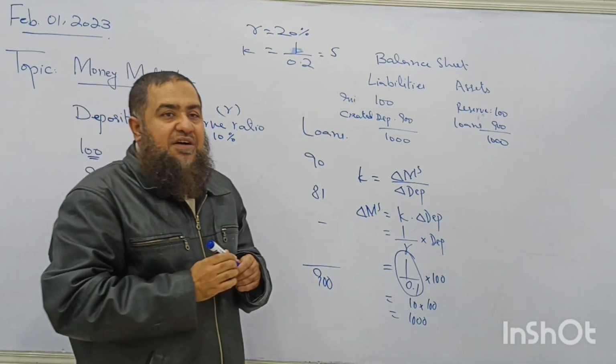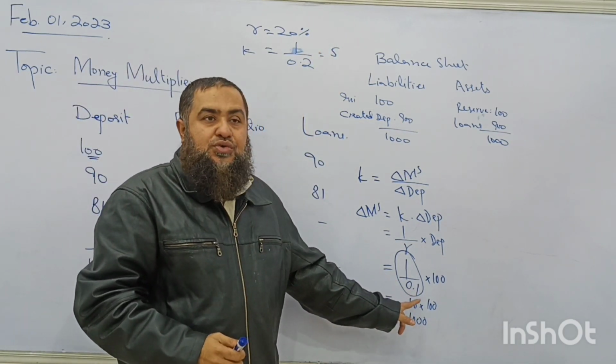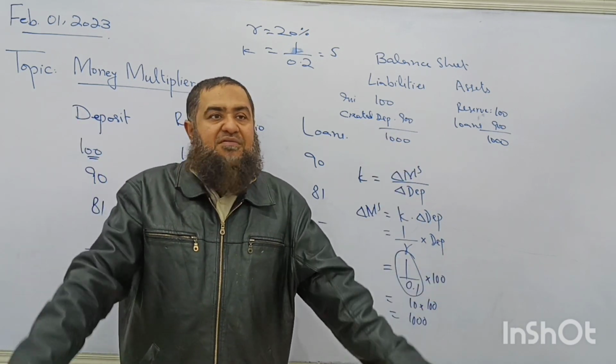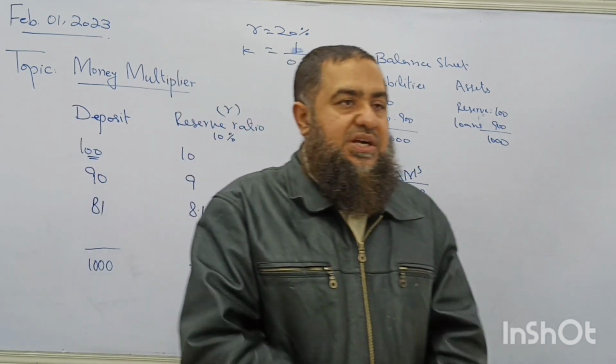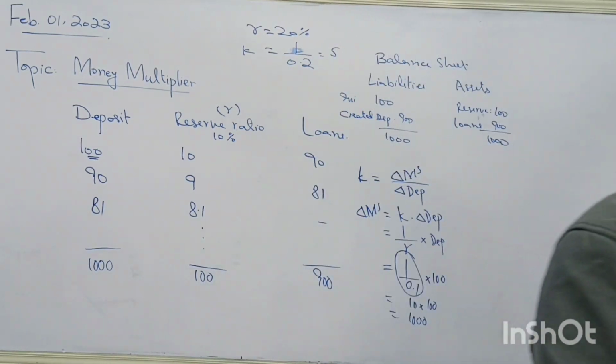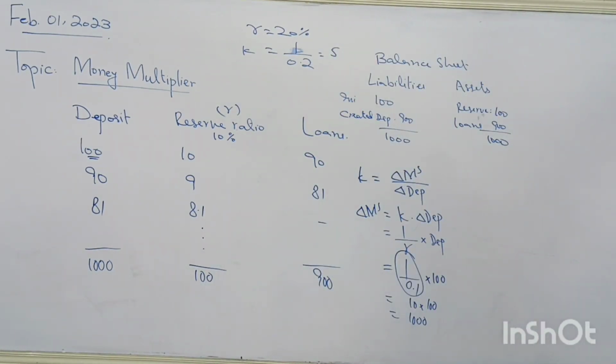So if the reserve ratio is 0.2, the value of the multiplier will decrease. Now less money will be extended as loans. So banks' liquidity will increase and the money supply will reduce in the market. Clear or not?